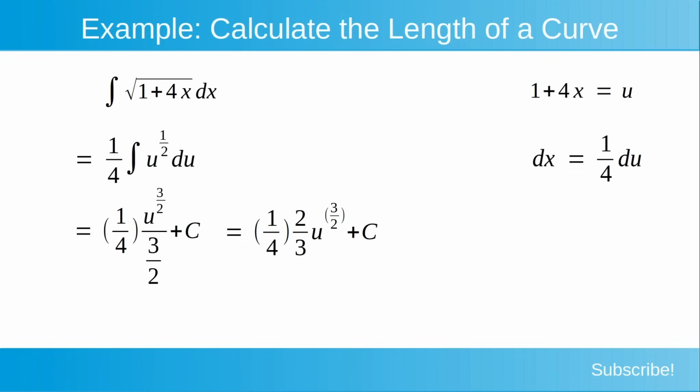When we multiply this out, we get 2 over 12 times u to the power of 3 over 2 plus c, our constant of integration. And this simplifies further to 1 over 6 times u to the power of 3 over 2 plus c, our constant of integration.